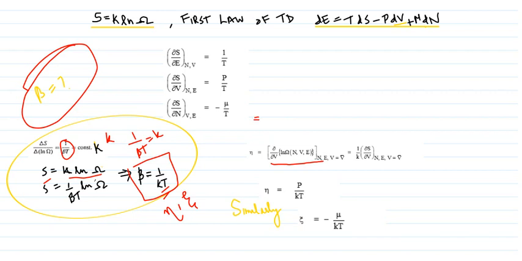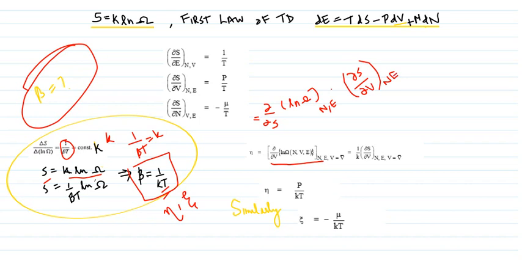I can write this as dou by dou S of ln omega at constant N and E, into dou S by dou V at constant N and E, right?